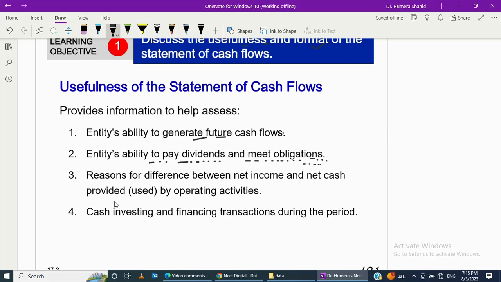Number three, why does the net income and the net cash provided or used by operating activity differ? In the initial chapters of financial accounting, you have taken the concept of accrued revenues and expenses.